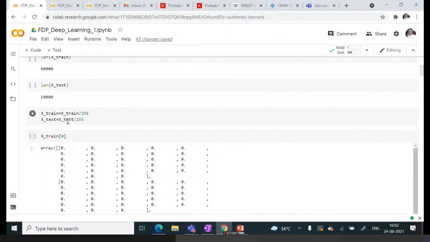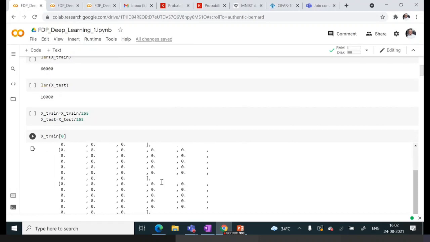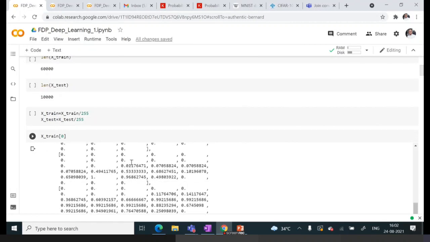Now if we print our first image, you can see there are some values between 0 and 1, and there are some values which are totally 0, right? If the value is close to 1, that means a white pixel is there, and if the value is 0, then the pixel is totally black.